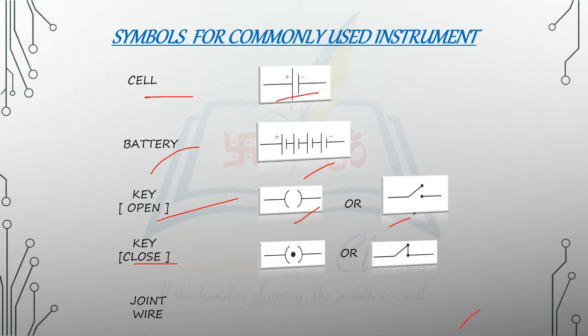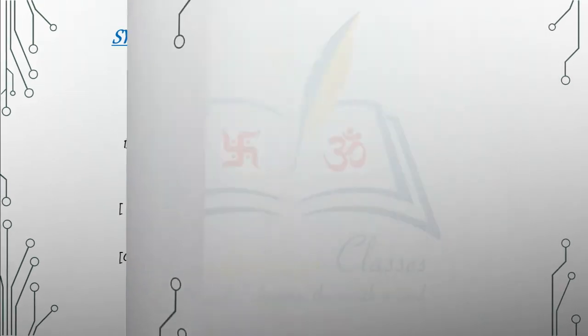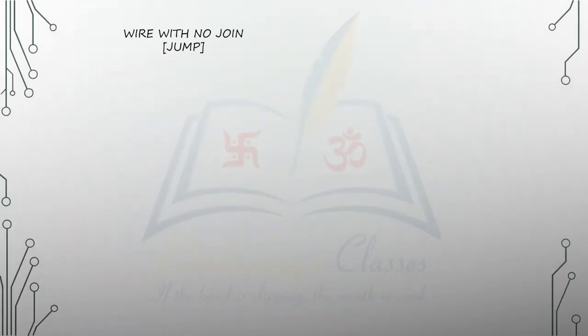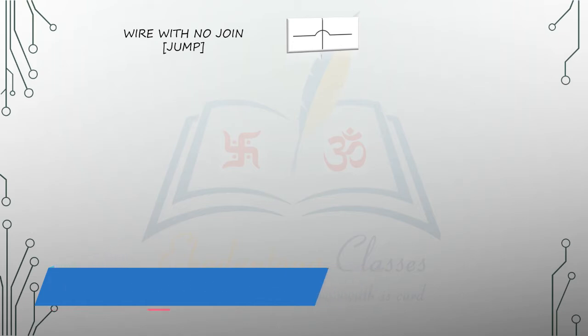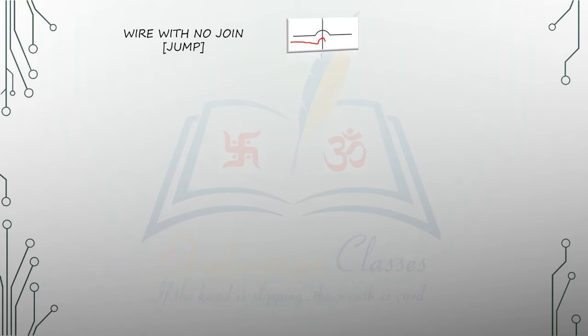This is a joint wire, which is done this way. Wire with no joint. Another word is called jump. Here the wire is going and here jumping. See, this is called jump.